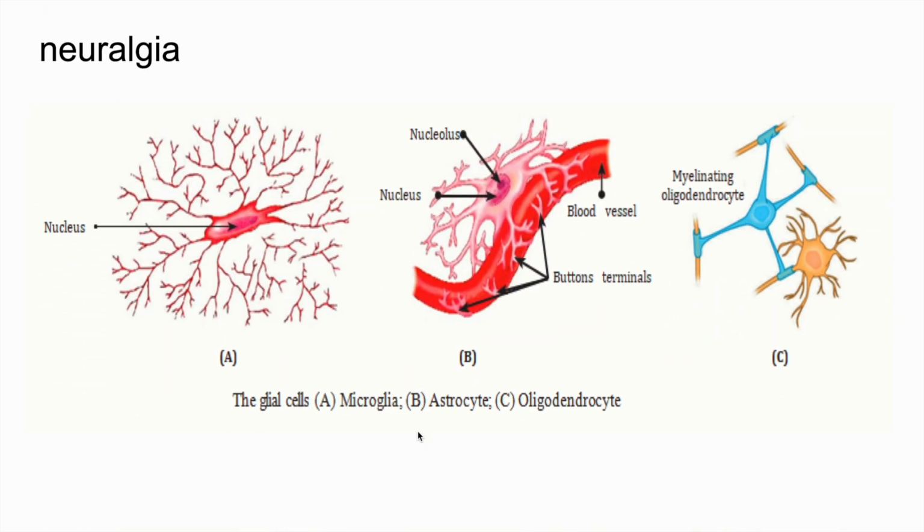Here are the three structures of the neuroglia. Microglia, the first one, is smaller in structure, so-called micro. Astro is star-shaped. Oligodendrocyte, we'll see its function in the next slide.